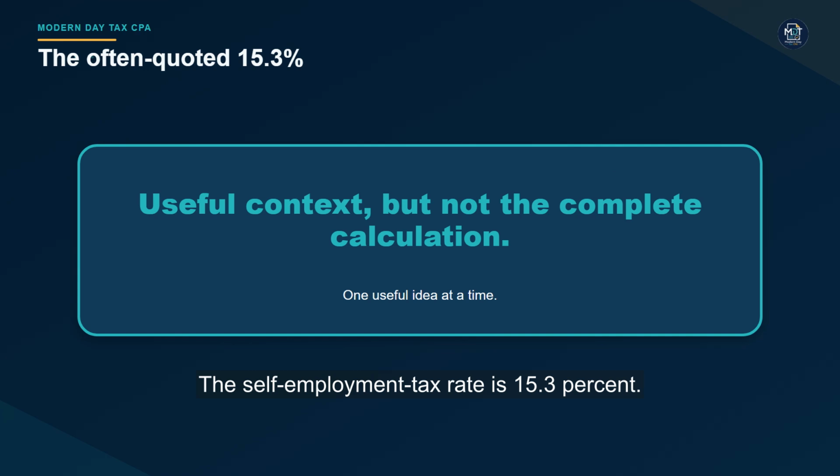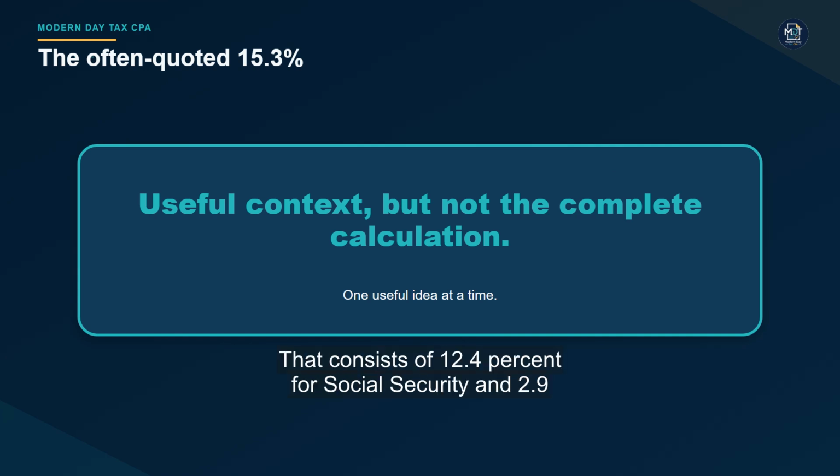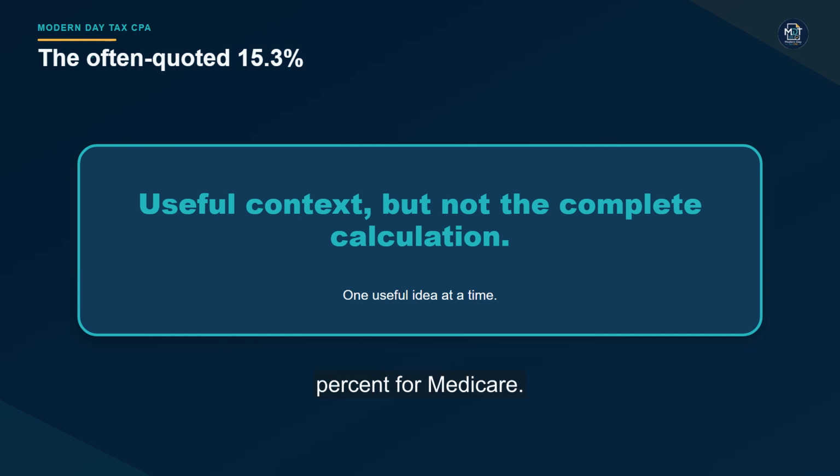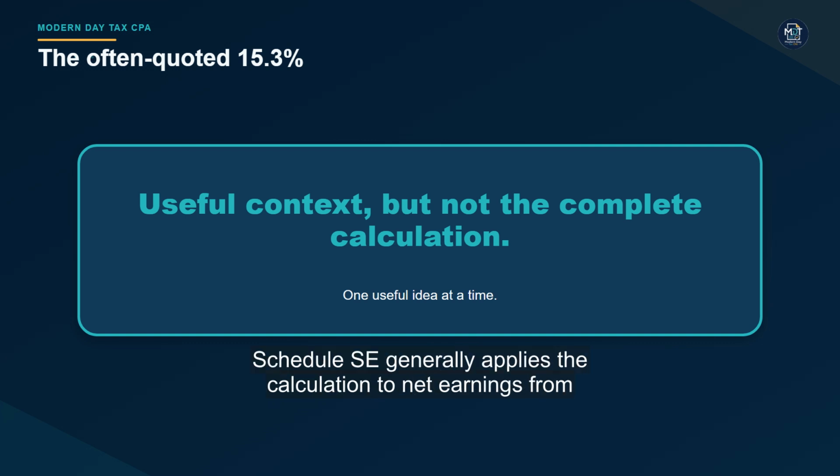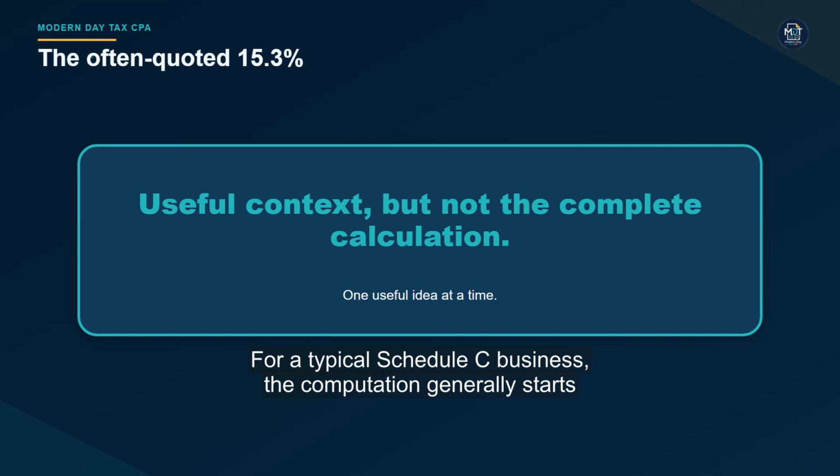The self-employment tax rate is 15.3%. That consists of 12.4% for Social Security and 2.9% for Medicare. But multiplying every client deposit by 15.3% is not the complete calculation. Schedule SE generally applies the calculation to net earnings from self-employment.